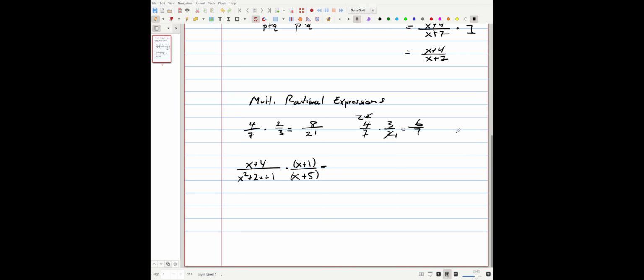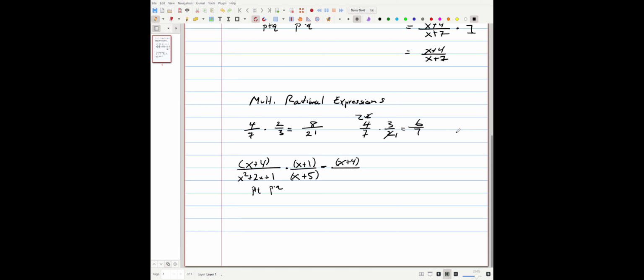Here these other terms are just binomials, but if we look at this trinomial, maybe there's a way we can factor this so something will cancel. We're looking for p plus q to add to 2, and p times q to multiply to 1.